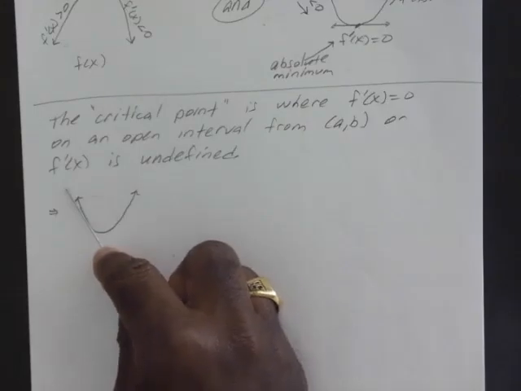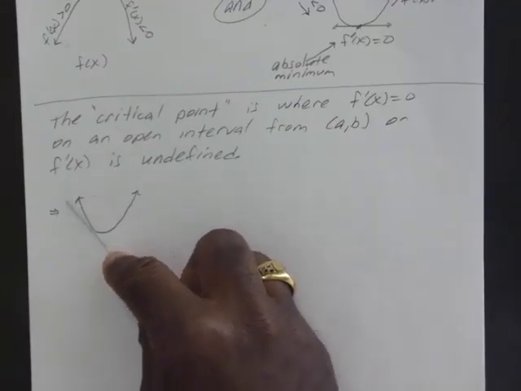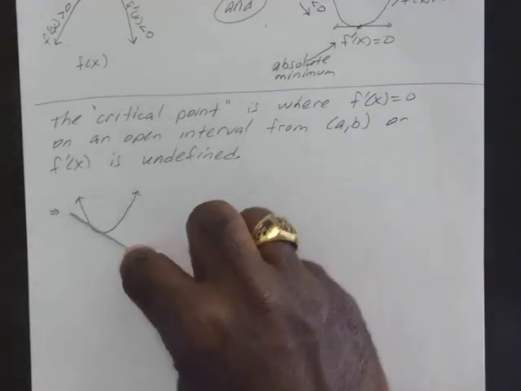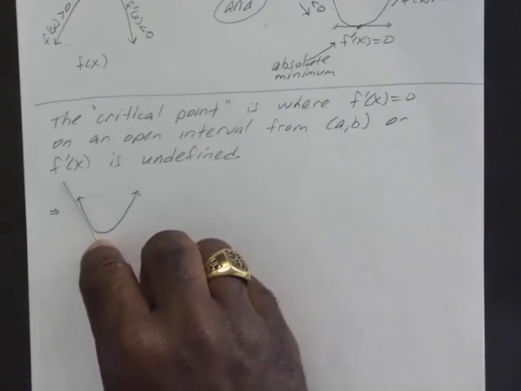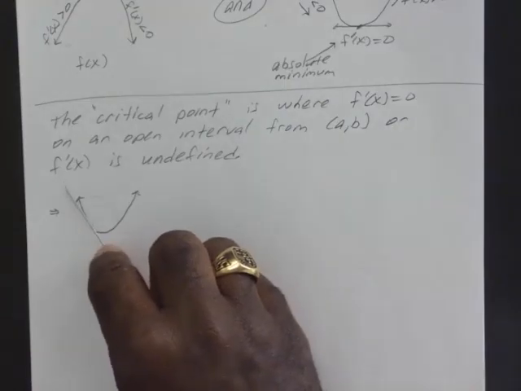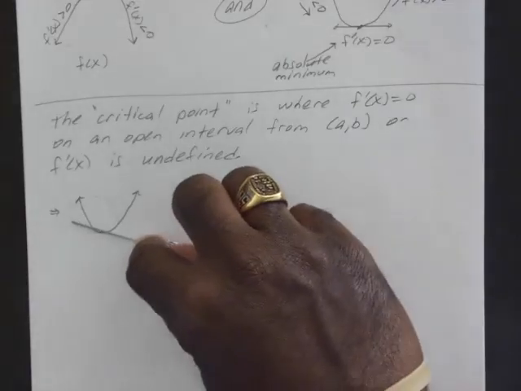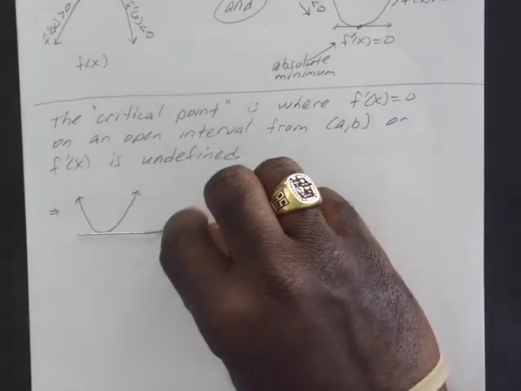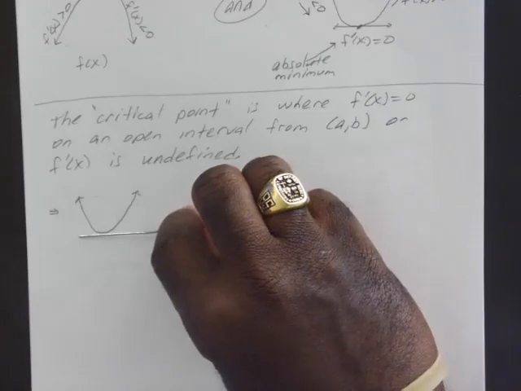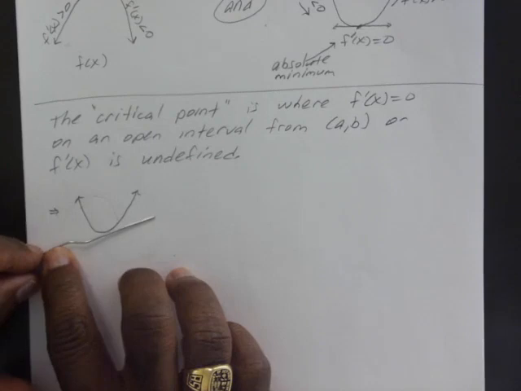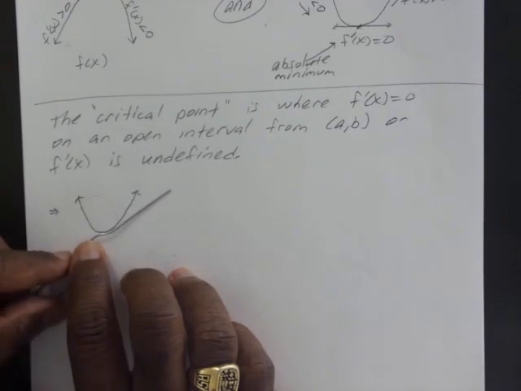But as you go to the right, you can see that slope slowly increase. So it may start here at like -2, but as you go to the right, it slowly increases to where you have a slope that equals 0, which is at the lowest point. And then it just slowly keeps going up and up and up as you go to the right.